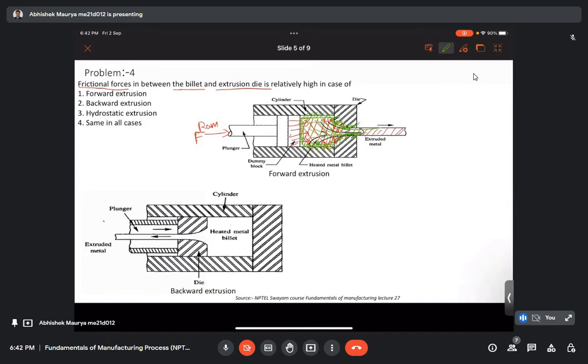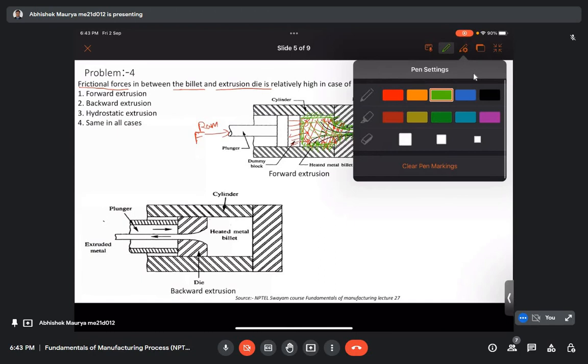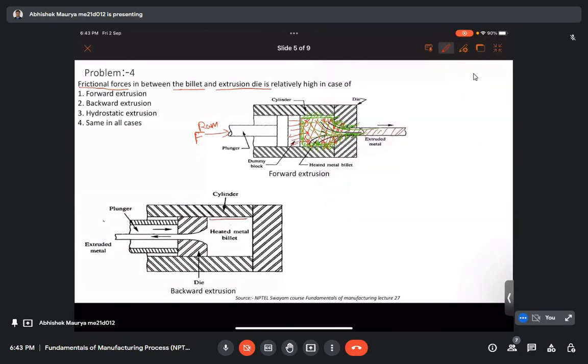Now let's look at the backward extrusion process. Here what is happening, here we are having the billet in this region. So this is the region of the billet, and now this is the die.